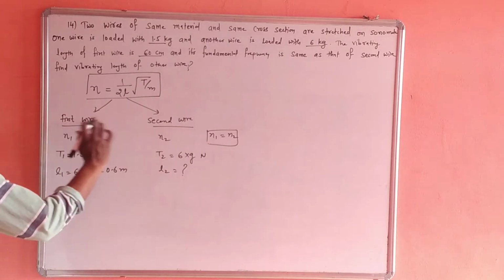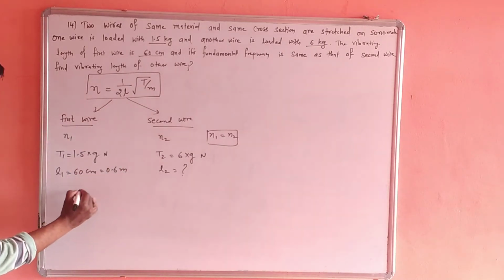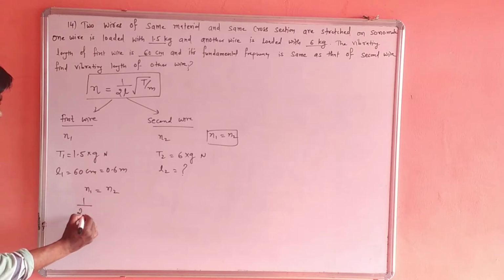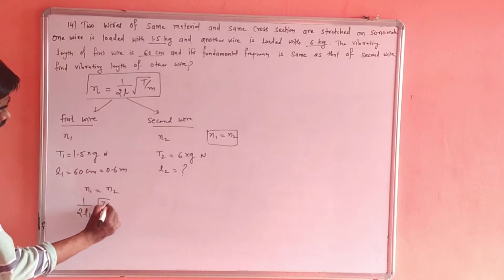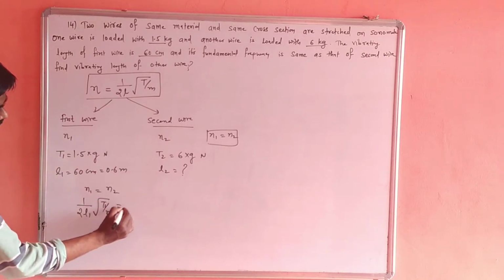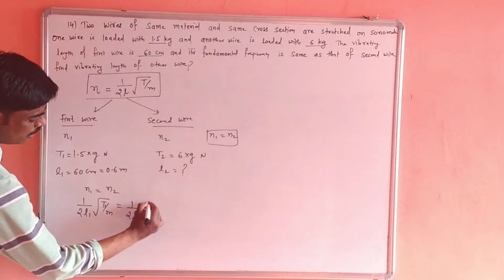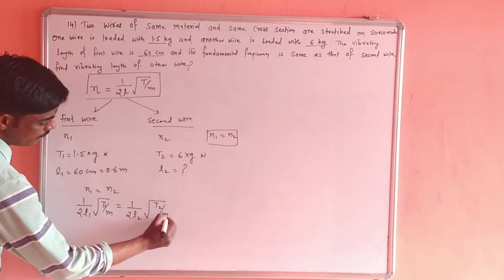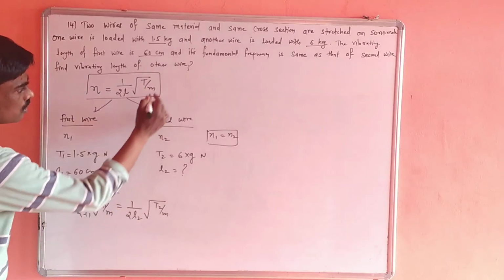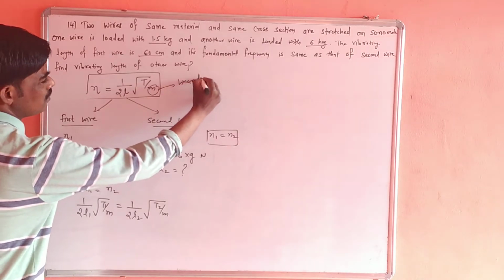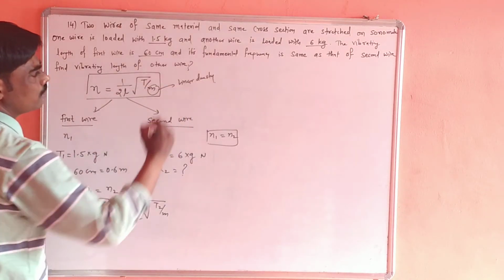So simply compare this. Since N1 is equal to N2, we get 1 upon twice L1 under root T1 by m is equal to 1 upon twice L2 under root T2 by m. Here small m is nothing but linear density of wire.